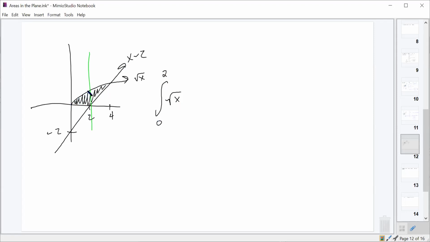Because that's just the area underneath this function root x from 0 to 2, right? Everybody good with that? That's the first half of it. And then the second half of it ought to be an integral from 2 to 4 of the upper function root x minus the lower function, which is now x minus 2.